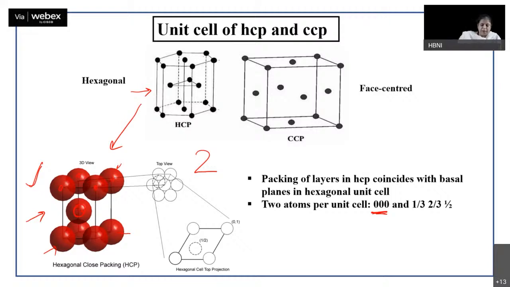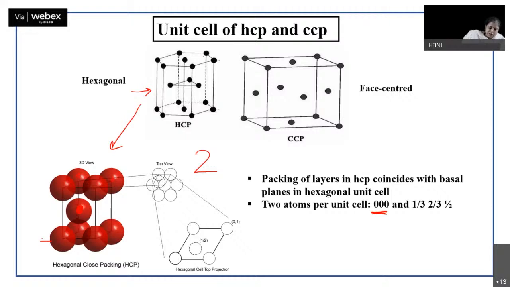Okay. Now, looking at this particular atom. If you try to concentrate on this particular atom, and suppose I press this atom, I want to show you now the c coordinate. All of you will agree with me.